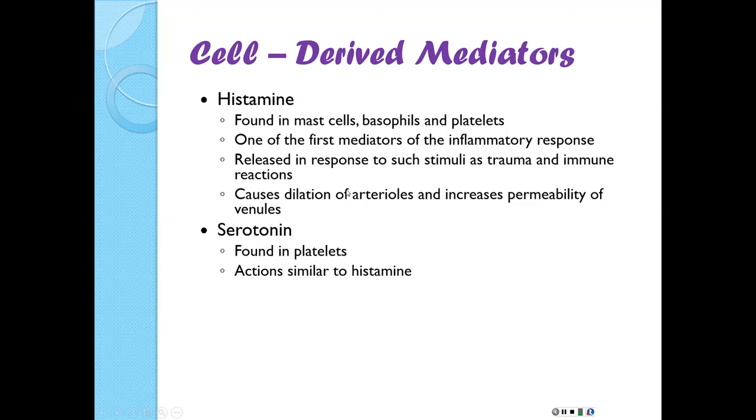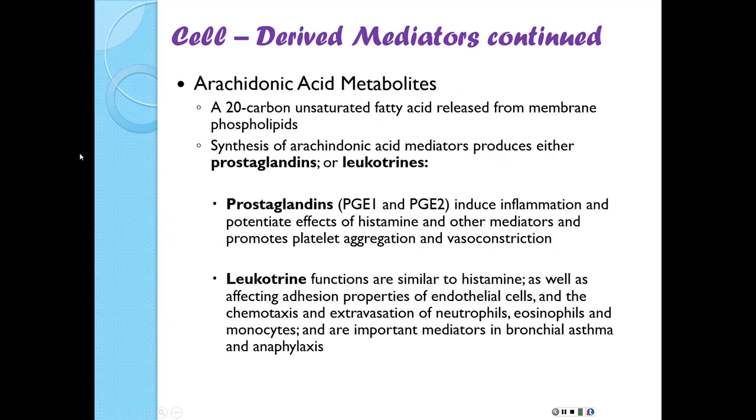So histamine's a pretty powerful vasodilator. So it really is very helpful. It's one of your earliest chemicals involved in an acute inflammatory response. You've got your neutrophils acting rapidly. Histamine's being produced very early on as well.